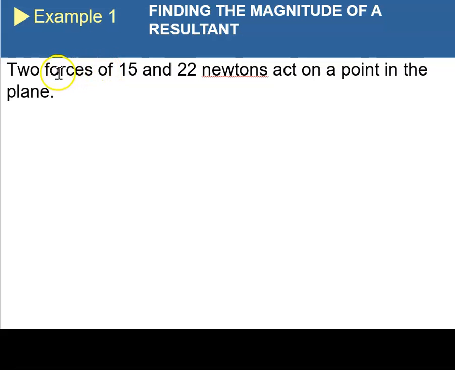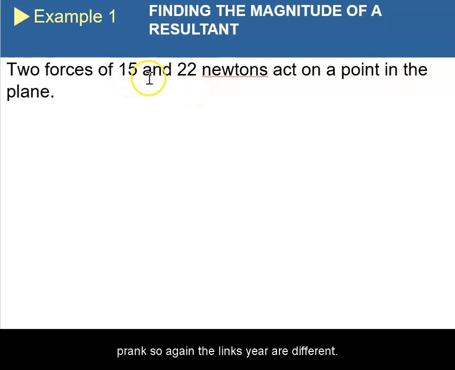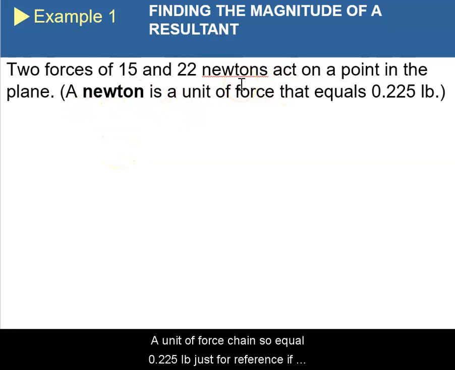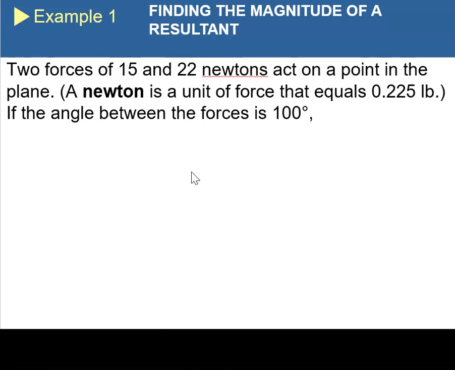So the vector that represents the 15 newtons is going to be a shorter vector than the vector that represents the 22 newtons, so the lengths are different. A newton is a unit of force, equal to 0.225 pounds, just for future reference if you haven't taken any physics courses.